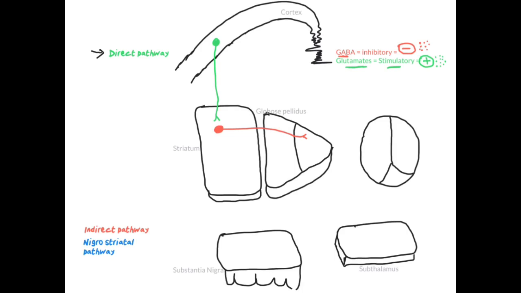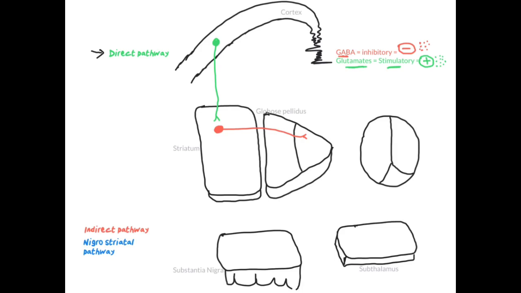So the direct pathway. In the direct pathway, these neurons are longer. The one from the cortex down to the striatum is called the corticostriatal fibers. From the striatum to the globus pallidus interna, it's called the striatopallidal fibers.